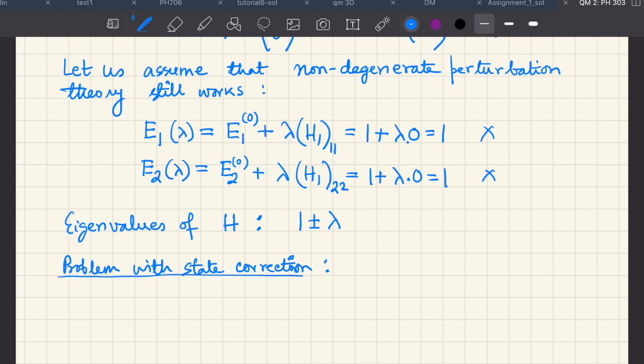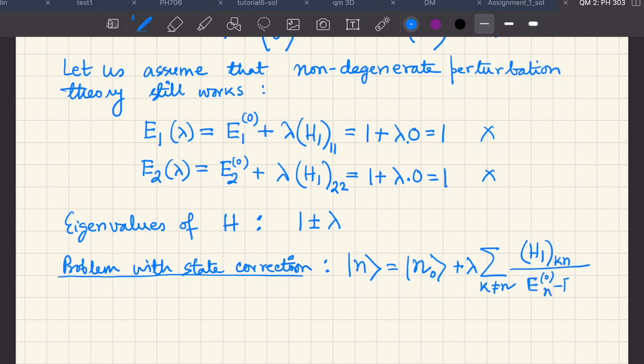If you remember, the non-degenerate perturbation theory result will tell you that this is nothing but |n0⟩ plus lambda sum over k not equal to n of H1_kn divided by (En0 minus Ek0) times |k0⟩.